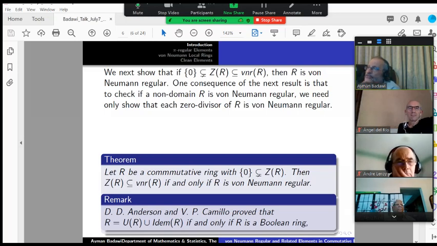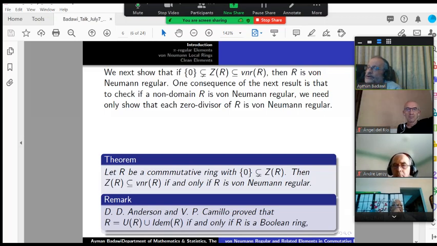So that means if you have a ring that is not an integral domain, to check if this ring is von Neumann regular, you only need to check the zero divisors. Okay? Of course, this result is very clear if the ring is finite, because each element in a finite commutative ring is either a zero divisor or a unit.